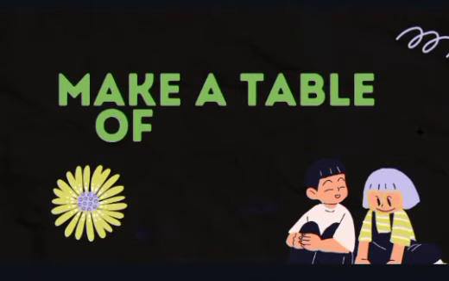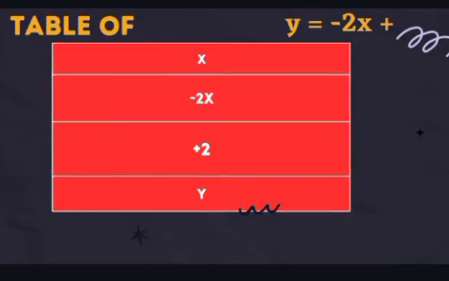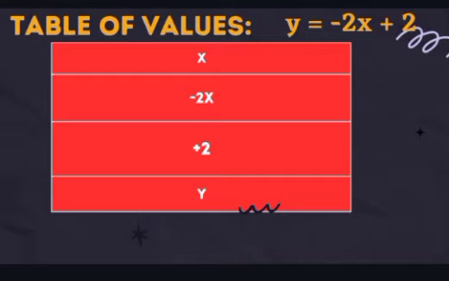Now to plot a graph, the first thing to do is to make a table of values. So how do you make a table of values? First of all, you have a table. The equation is that y is equal to minus 2x plus 2. So what you do is arrange the factors you have in this equation in lines like this.